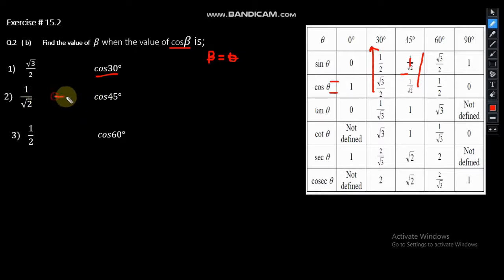And cos 60 degree is equal to 1 divided by 2. Actually cos 60 means here we can see the value of 1 divided by 2 at 60 degree. Now this is the cos theta. Now let's move to the next questions.